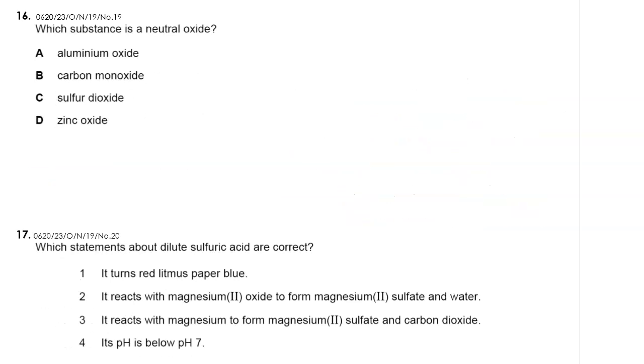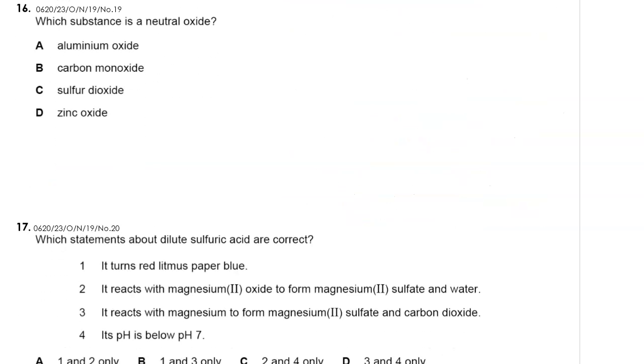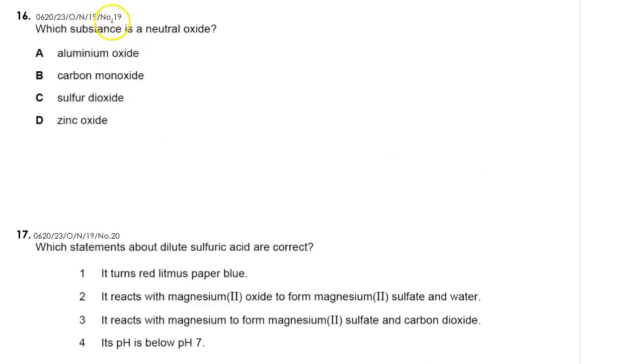Very well. Number 16 was from variant 2-3. This was question number 19. Which substance is a neutral oxide? A neutral oxide is an oxide that is neither acidic nor basic. We already said that aluminium oxide is an amphoteric oxide, and carbon dioxide is a neutral oxide.